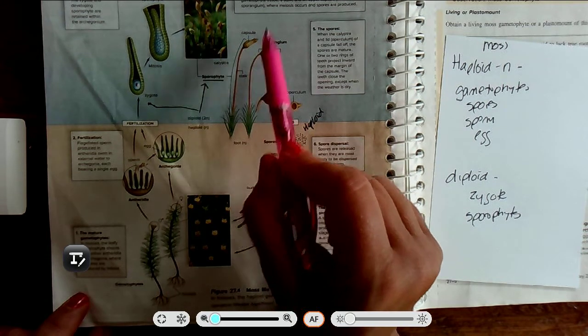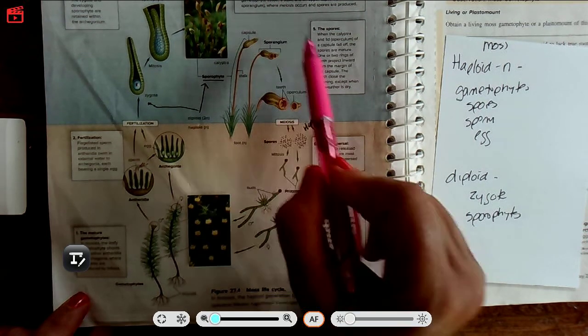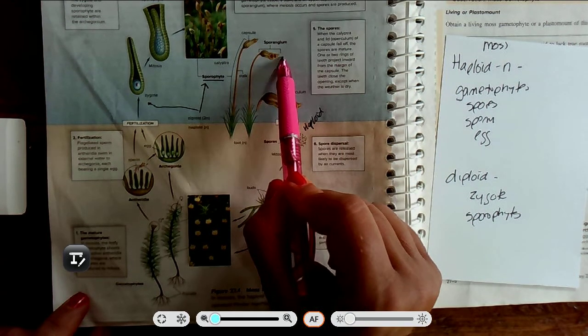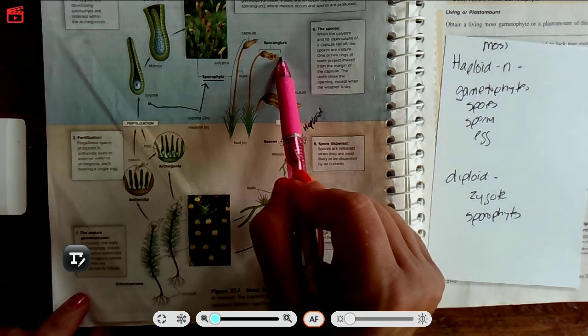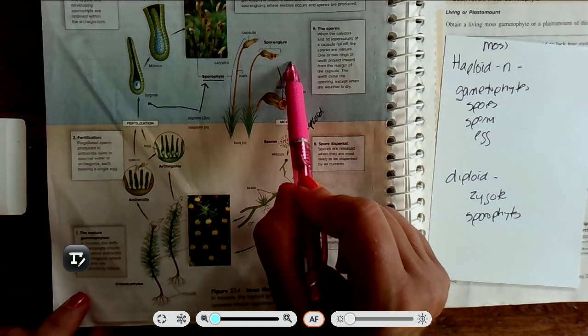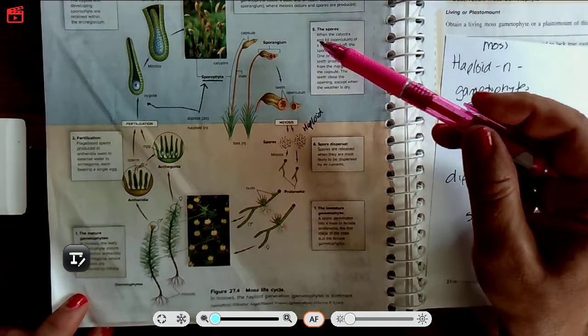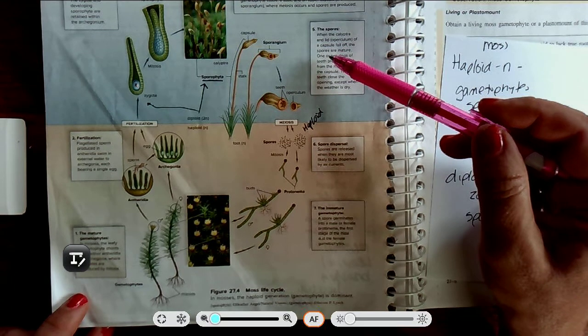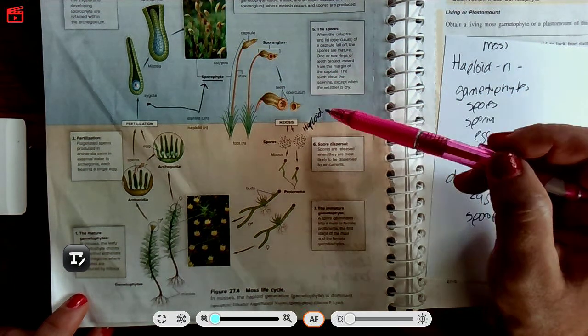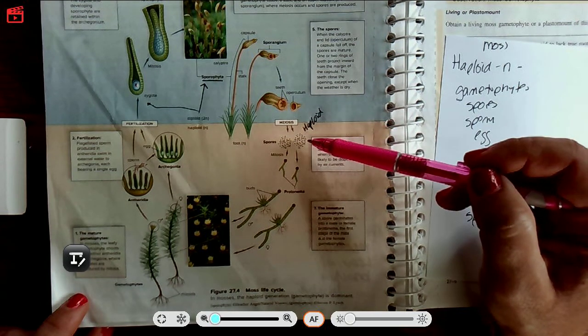On the sporophyte, we have the sporangium, and this is where the spores are going to be produced. The spores are haploid, and they are produced by meiosis. Under the right conditions, they erupt from this structure and they're carried by the wind to a new location.